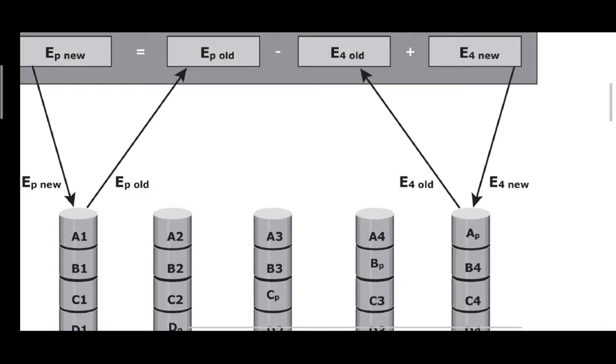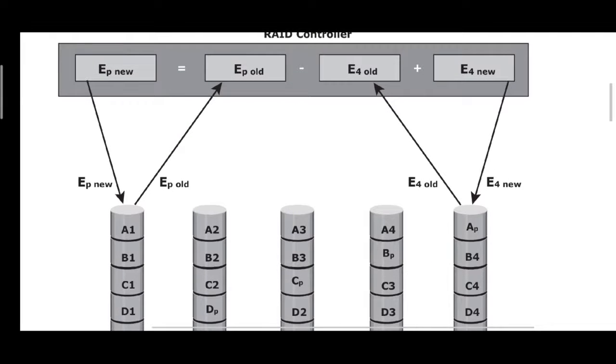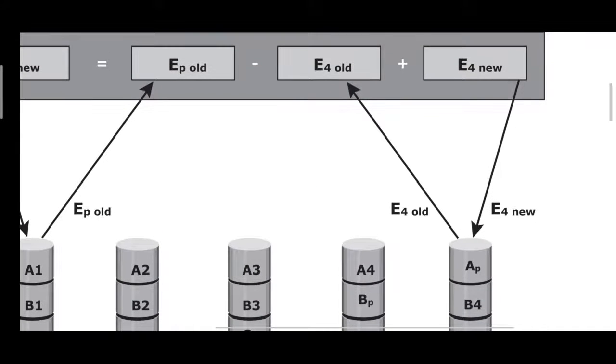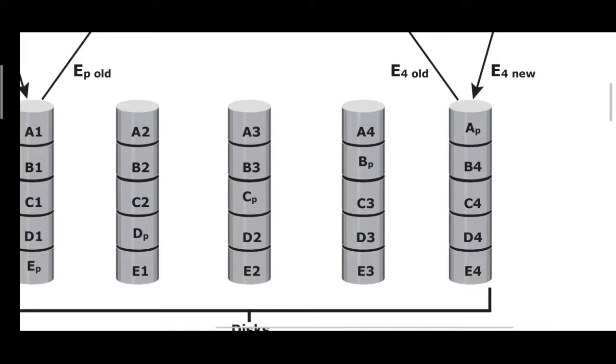Why is the new parity value computed? Parity value is computed because you have done some updation or alteration on the data. On which data stripe? Anywhere you can take, but here we are taking it as data stripe E4.